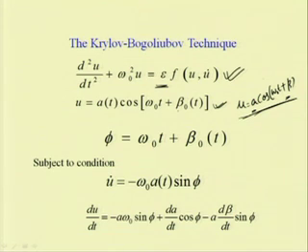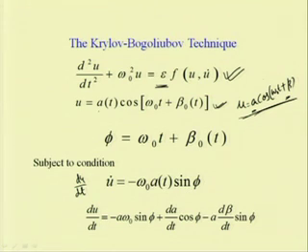In this case Krylov and Bogolyov propose that this will be the solution, that means, u will be a t cos omega 0 t plus beta 0 t, subjected to the condition that u dot will be equal to minus omega 0 a t into sin phi, because it is assumed that a dot equal to 0.